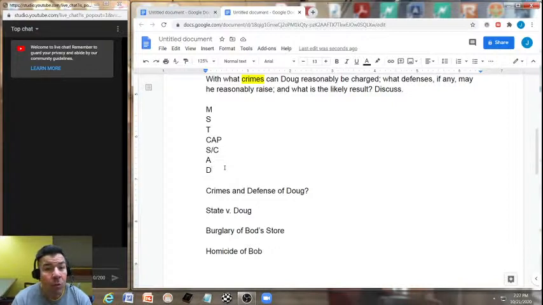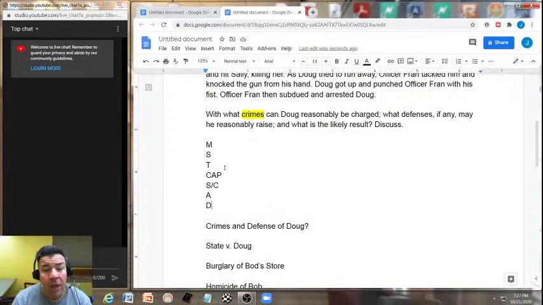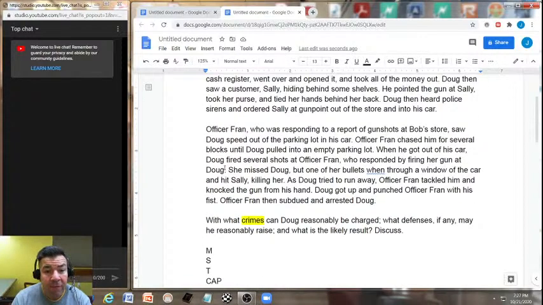And like I always say, when we go into a shopping store without our shopping list, sometimes we might forget to get certain things. The same can be said for issues on an essay without a checklist or a shopping list. And that's why I keep an eye on my checklist while I'm looking at my facts, so that I'm making sure that I'm addressing every single issue that these facts could potentially raise.